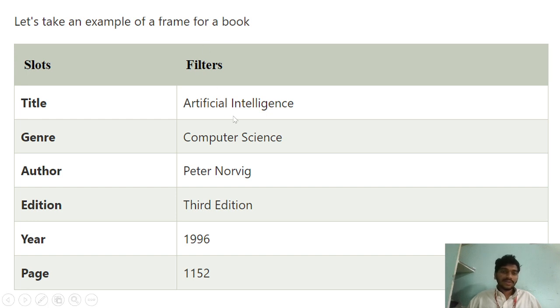This is one type of frame, so we represent knowledge in frames like this.